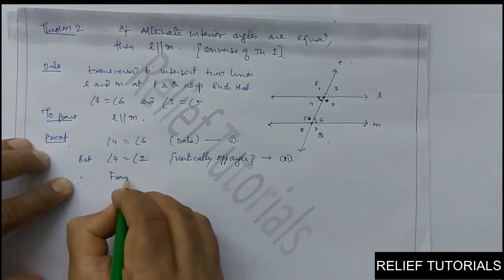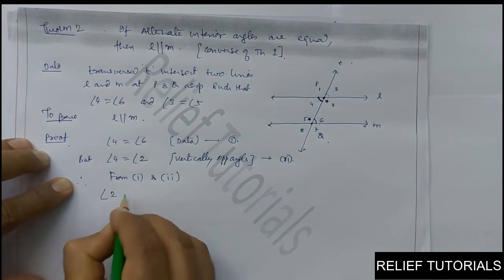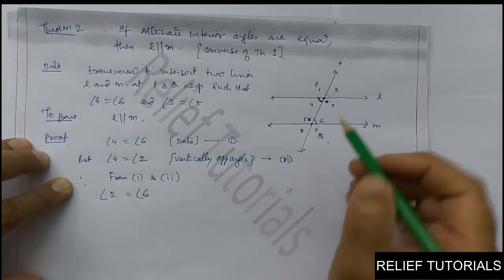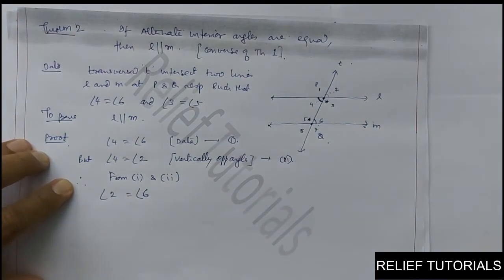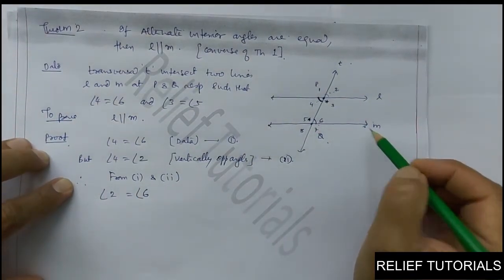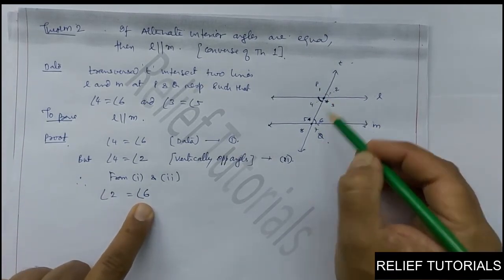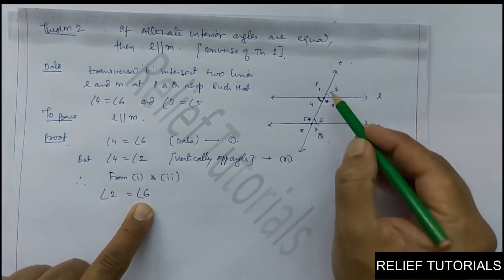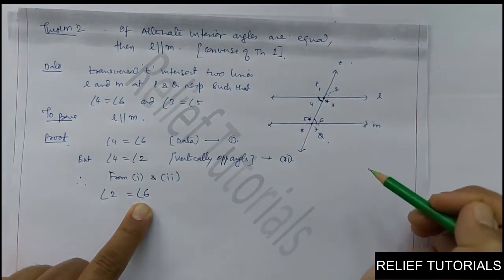From 1 and 2, what you got? Angle 2 is equal to angle 6. Now 2 and 6 are equal. So we have the corresponding angle axiom: if lines are parallel, corresponding angles are equal. Now 2 and 6, they are equal, and they are corresponding angles. So lines are parallel according to axiom 2.